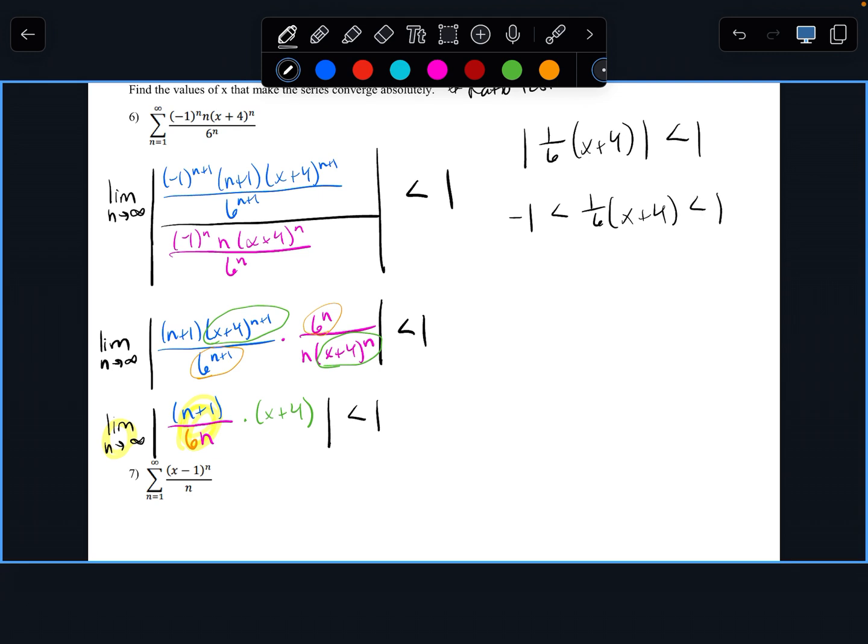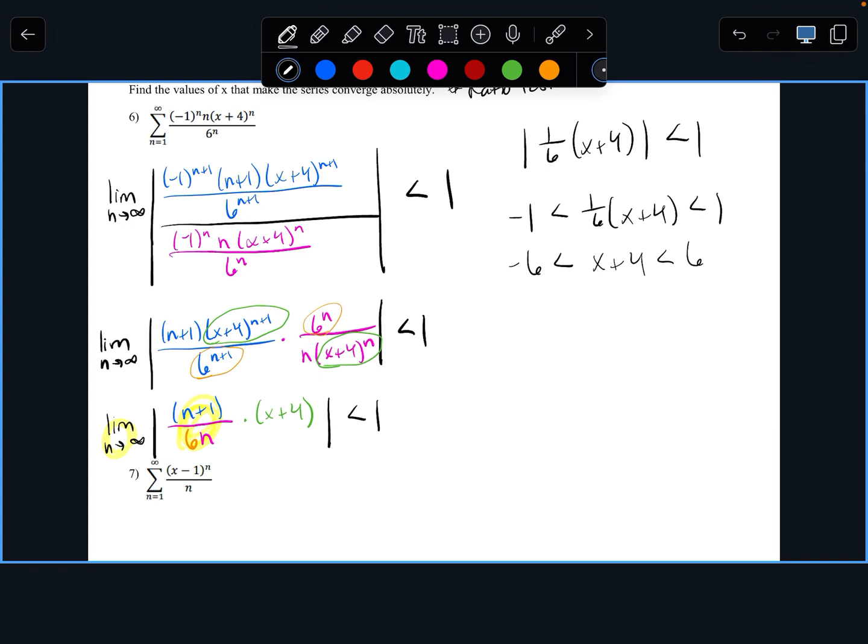Like in here, this could equal negative 0.5, because of the bars you take the absolute value of it. So you need a number between negative 1 and 1, and then you're just solving it like old school algebra.